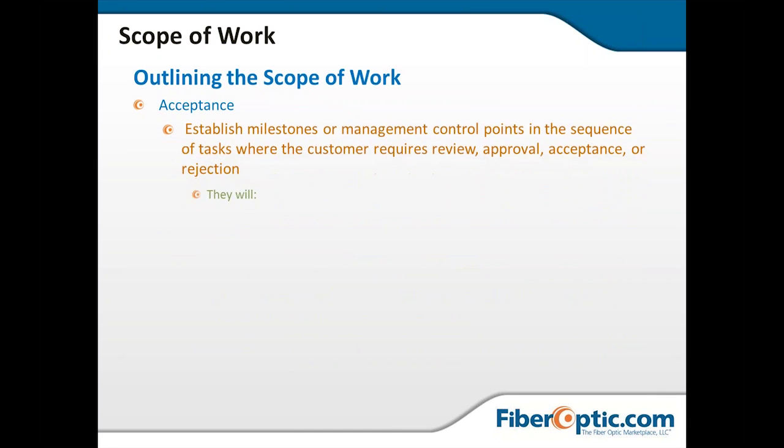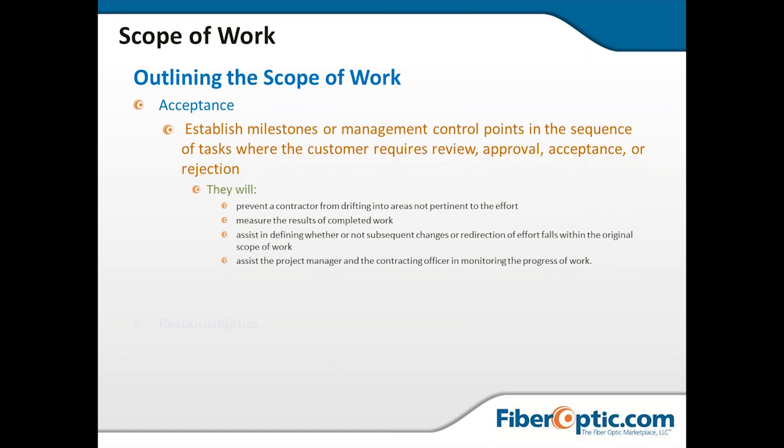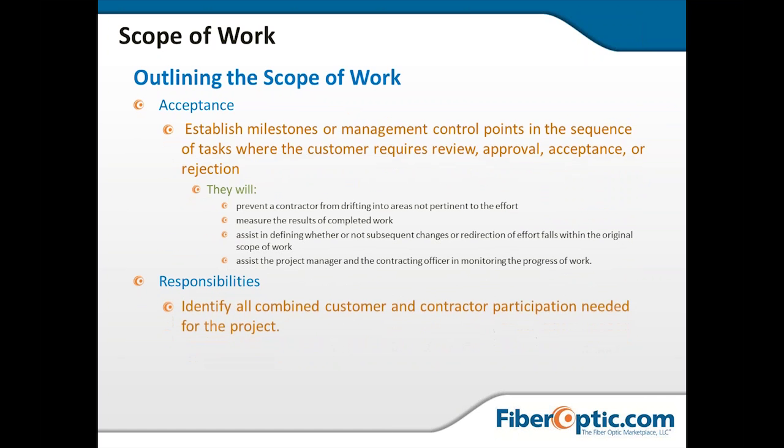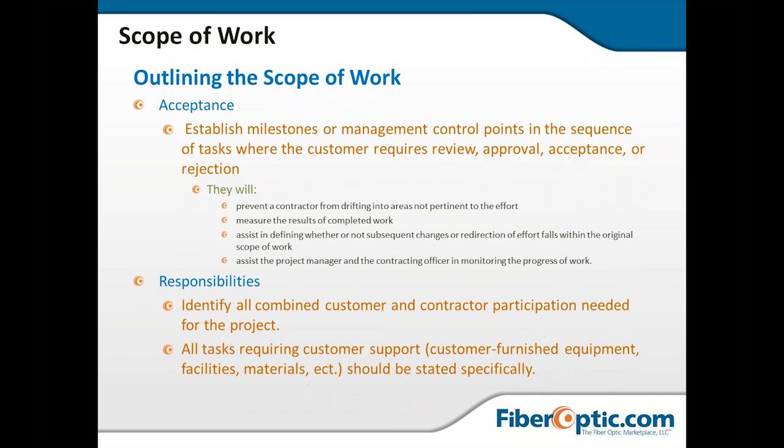Acceptance. What you need to make sure you outline in your scope of work is what is acceptable. Establish the milestones or management control points that say this is acceptable, or this is going to be rejected. Your pass-fail thresholds. A lot of people don't even know. They're just asking for the trace or results of the test, but they don't know what the passing results are or what should be rejected. ORL, OTDR shots.